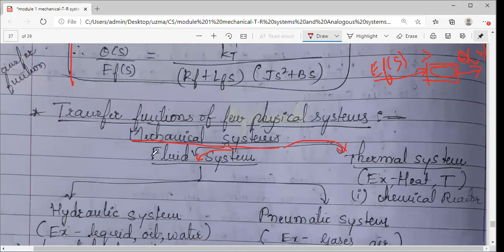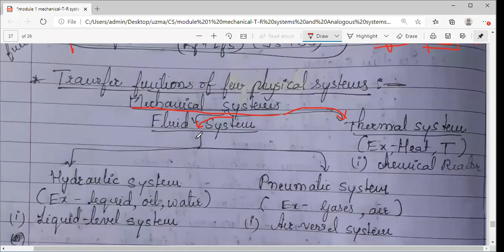Fluid means what? It may be water, liquid, or gas also. Fluid in general is a term applicable to any liquid state as well as gaseous state. So fluid systems are in turn divided into two types: hydraulic systems and pneumatic systems.